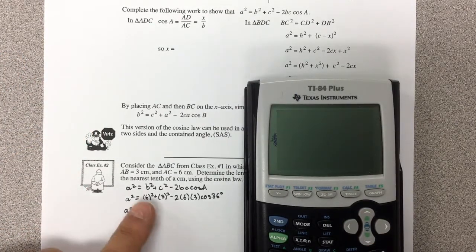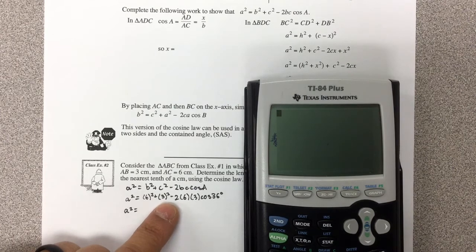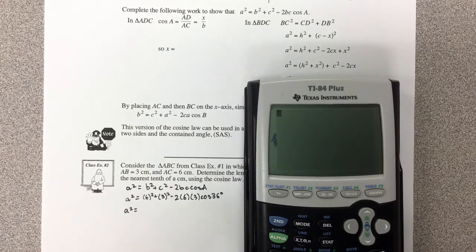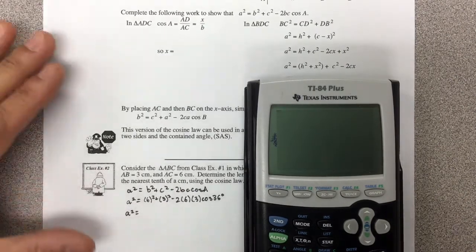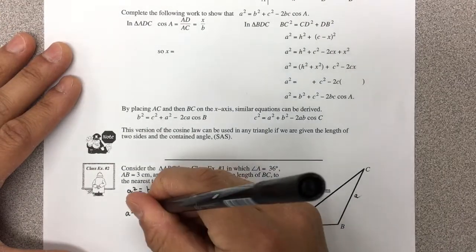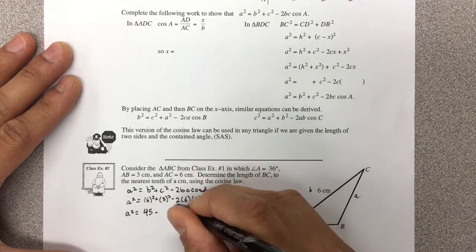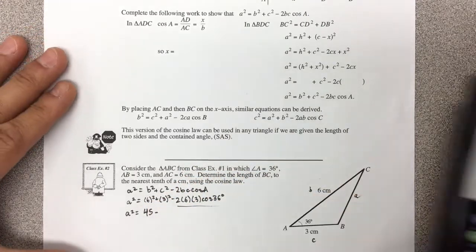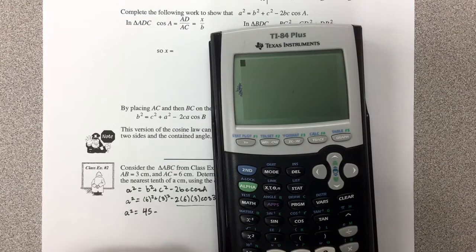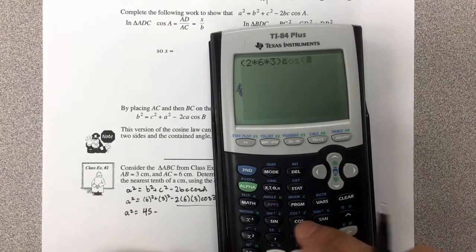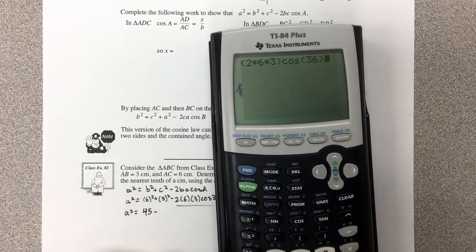So I would have 6 squared plus 3 squared, right? So if we do that in stages, we get 45. And then I would subtract this next section.